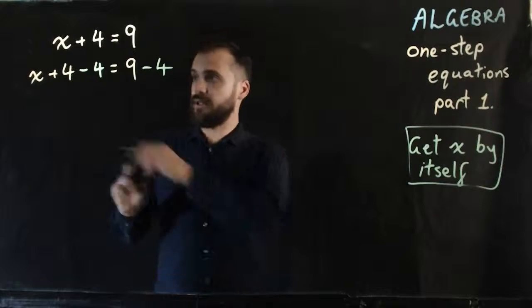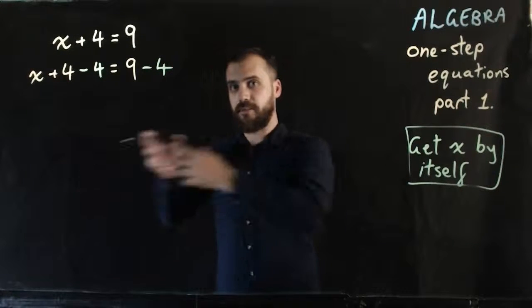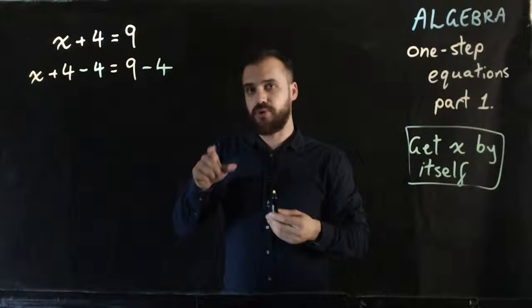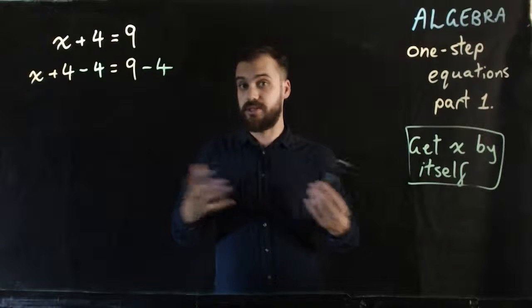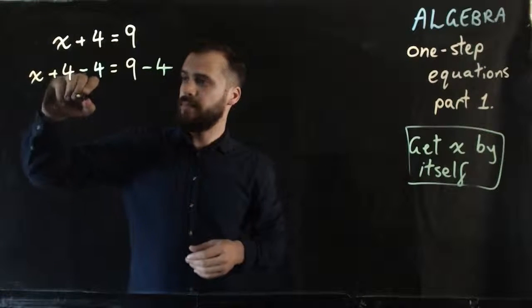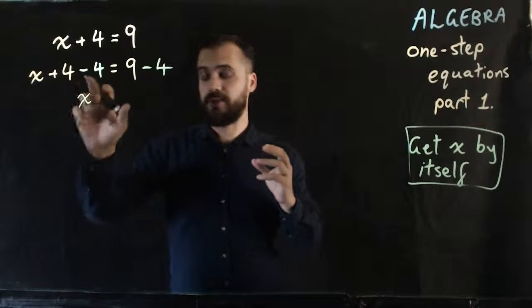We can use this bit here, plus 4, minus 4. Plus 4 minus 4, or 4 minus 4, is equal to 0. Which means that it's gone. 4 minus 4 is 0.